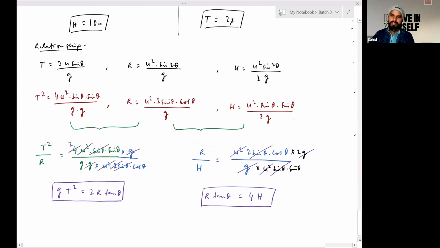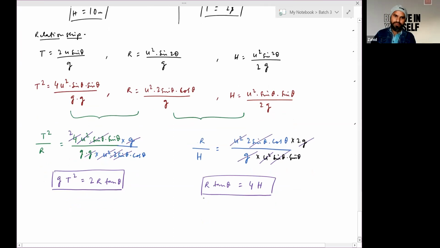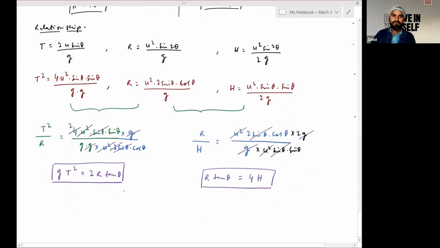Now if we reduce these two different expressions to one, we may write g t square equals 2 times r tan theta equals 8 times h. So this will be the final relationship between all these three terms.